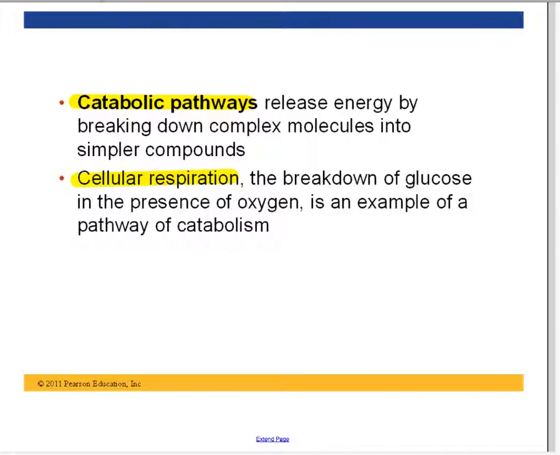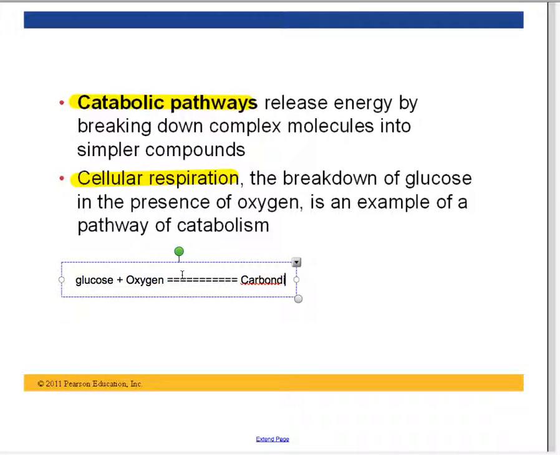Cellular respiration is where we take a molecule of glucose, add some oxygen: glucose from the food you eat, oxygen from the air that we breathe, and we break that down into carbon dioxide plus water, the products that you breathe out, and energy.